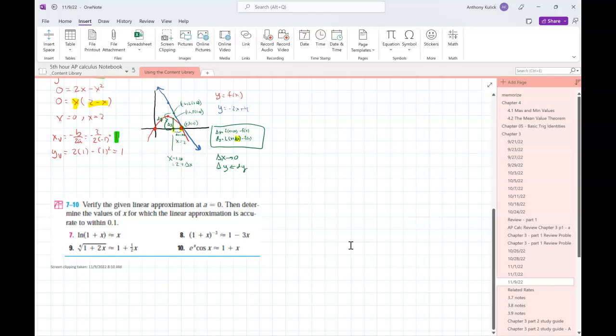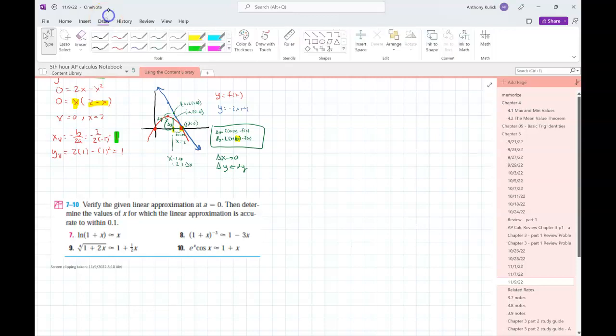All right, it says verify the linear approximation at a equals 0, then determine the values of x for which the linear approximation is accurate to within 0.1.